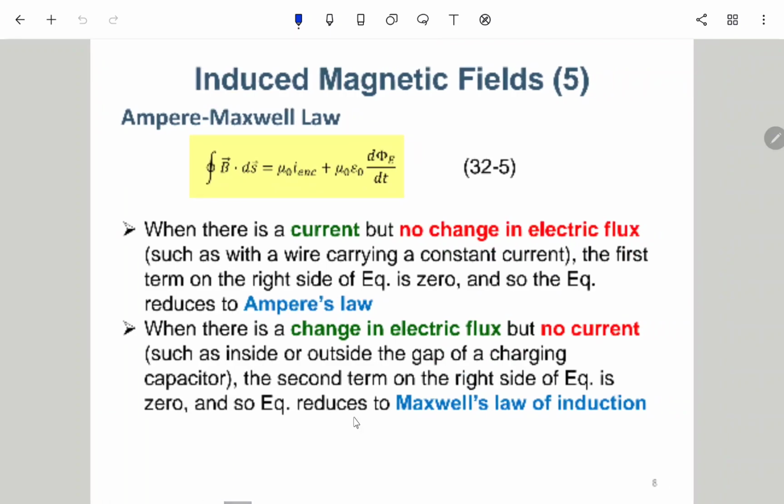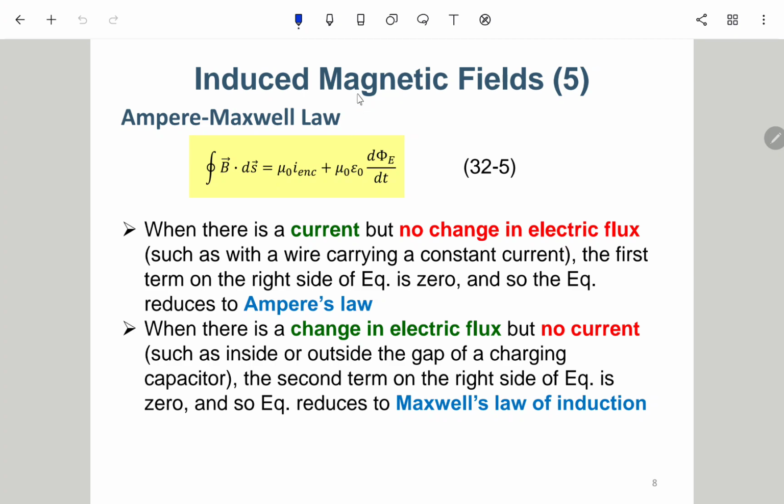So here we will call this one Ampere-Maxwell's law, or in some literature they will just call the whole thing Ampere's law. It just depends on whether you want to put Maxwell's name on this law.